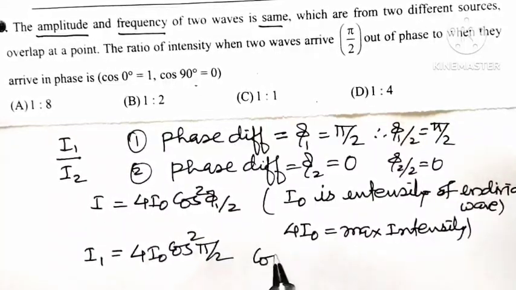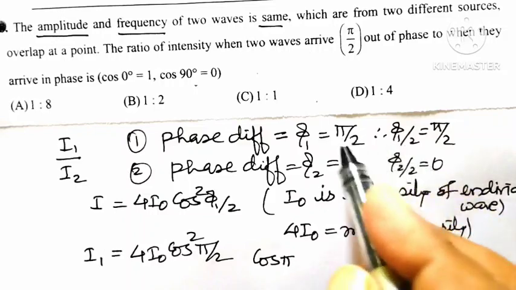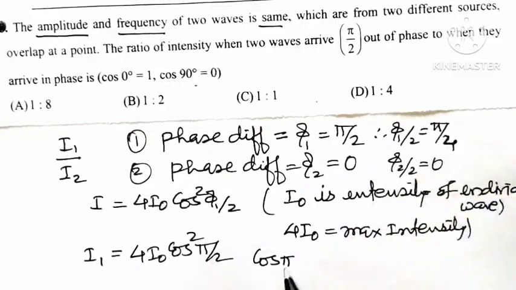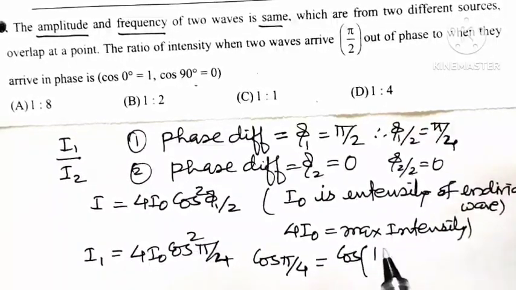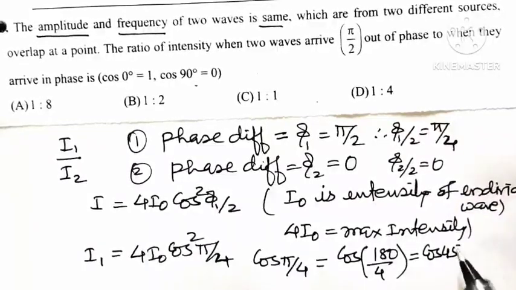But what is cos of pi by 4? It is cos of 180 divided by 4, which is cos 45, and cos 45 is 1 by root 2.